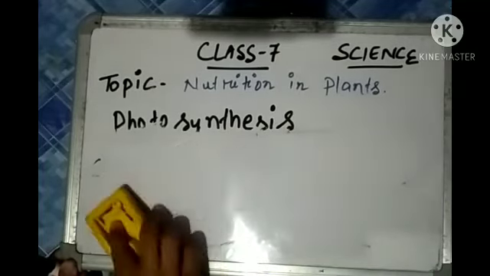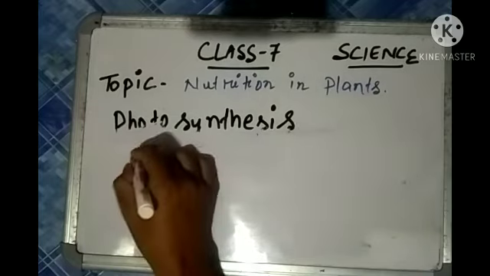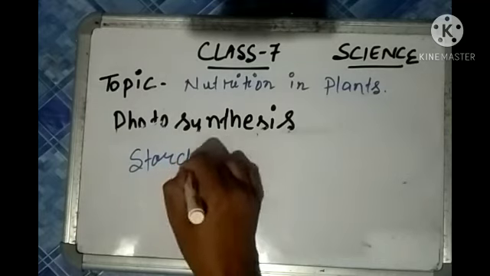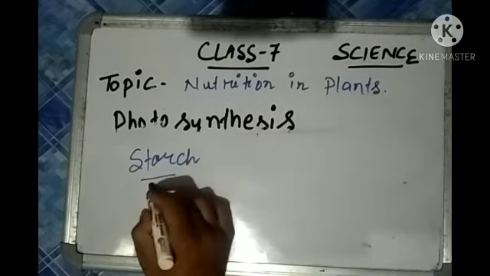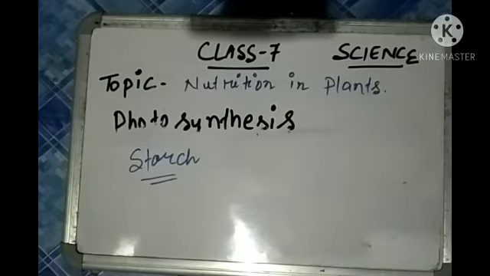In order to check whether carbohydrate is present in the leaves or not, we'll take the starch test, or iodine test, for the presence of starch. Starch is a form of carbohydrates, so we are going to check the presence of starch in the leaves. If starch is present in the leaf, then photosynthesis takes place.